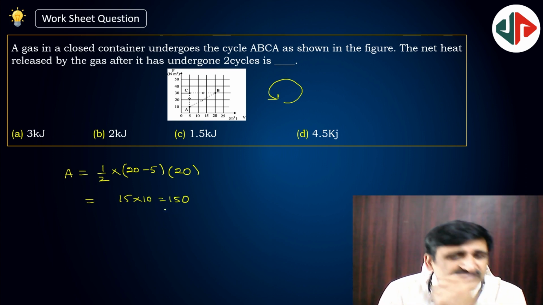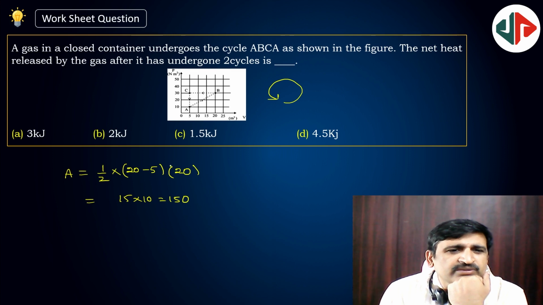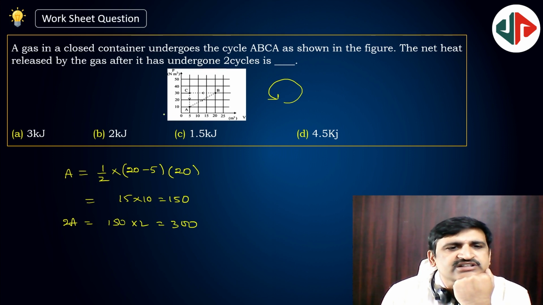Check the units, meter cube and everything. So 2 times the area will be 150 into 2, which is 300. And all the units, this is pressure correct, this is meter cube correct.